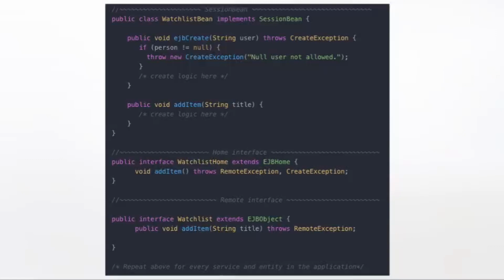To get an idea of what EJBs look like, here is an example. Even the simplest applications, even a Hello World application, would need a session bean, a home interface, and a remote interface. You had to compile them, package them, and deploy them separately. So a very slow development cycle.